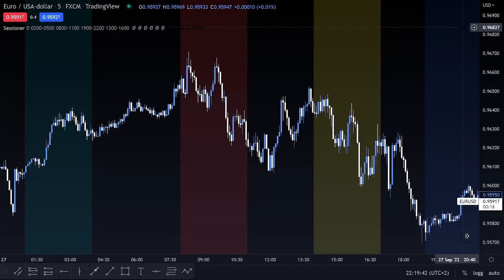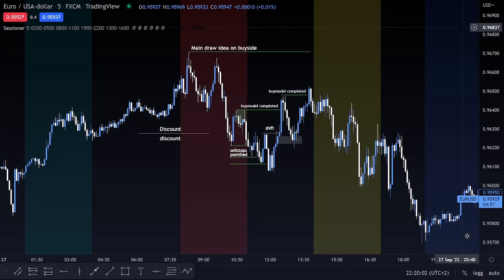And just by looking at this price here, to some people it doesn't look like much, but we as ICT students know that there's actually a lot of things going on here. So I want to show you that. You can frame your setups on just pure reading price action.